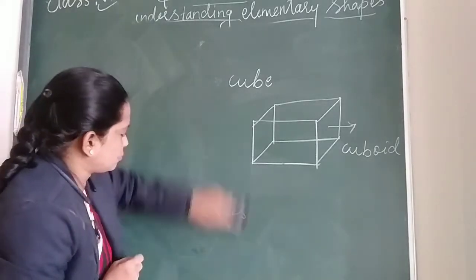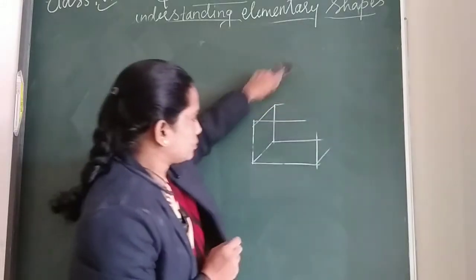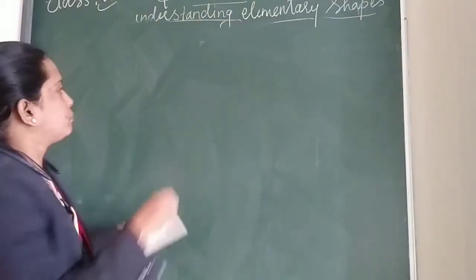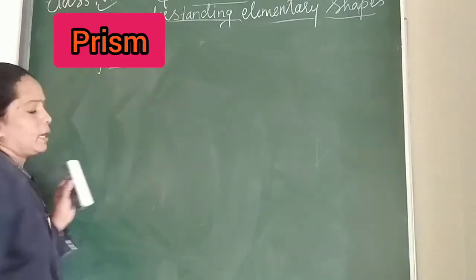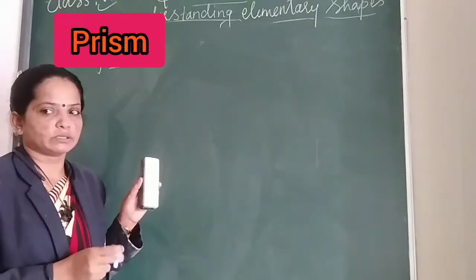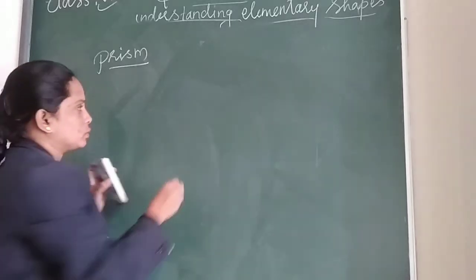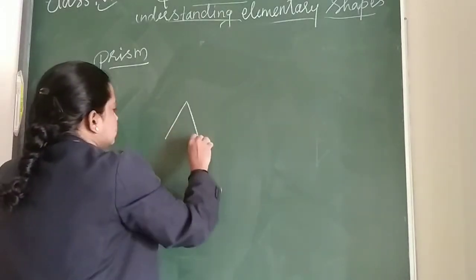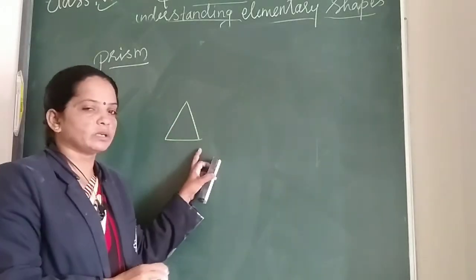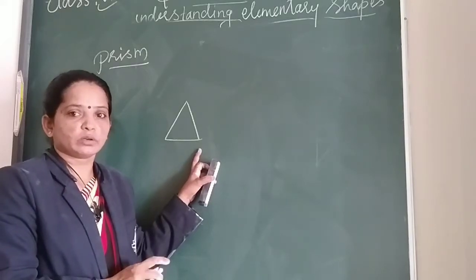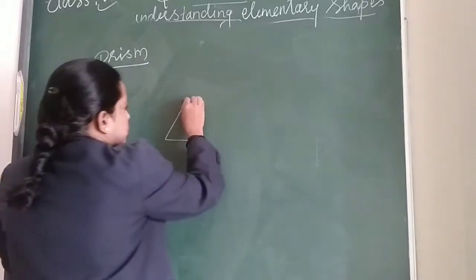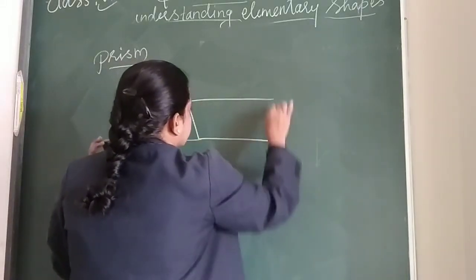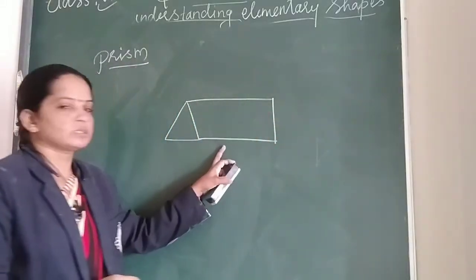We actually use the prism in the lab. If you go to higher classes, you will learn what a prism is. I think you observed it in science exhibitions. So this is a prism.